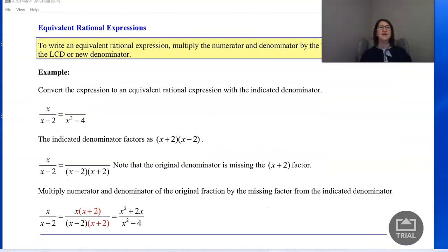Now we're going to find equivalent rational expressions.